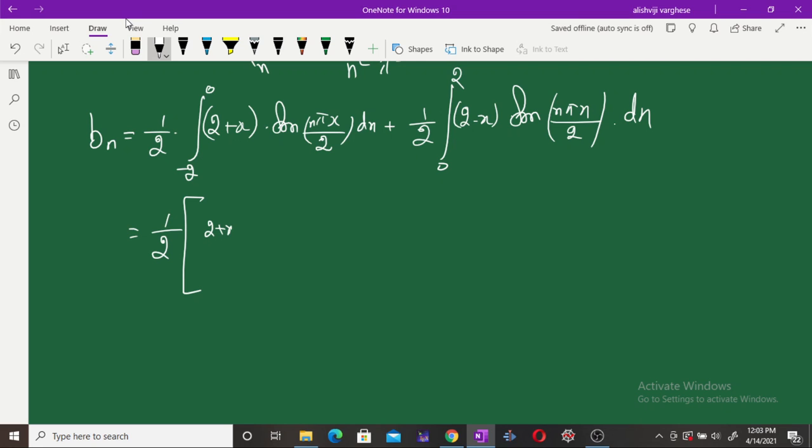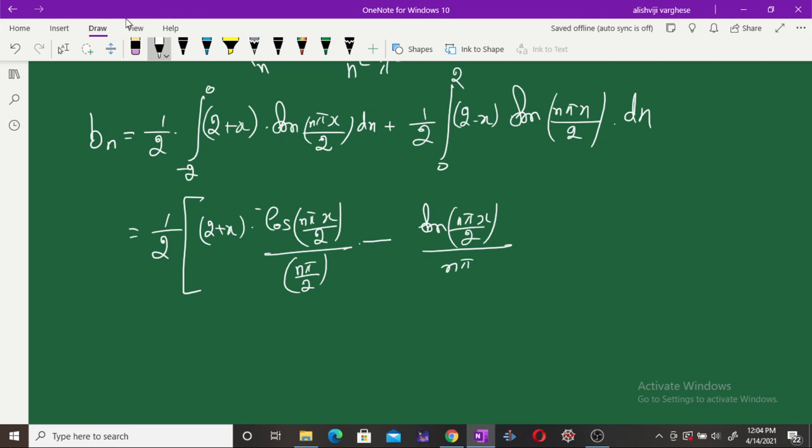Then the first function 2 plus x into the integral of sin n pi x by L. The integral is minus cos, sorry, cos n pi x by 2, all divided by n pi by 2, then minus the derivative of 2 plus x, which is 1, and the integral of cos is sine n pi x by 2 divided by (n pi by 2) the square, and this is integrated between minus 2 and 0.